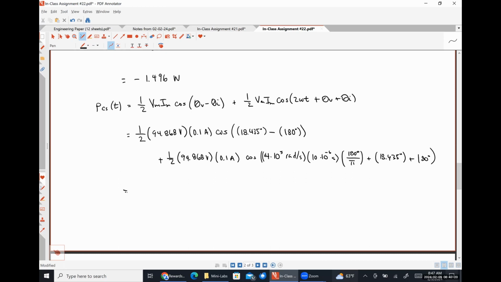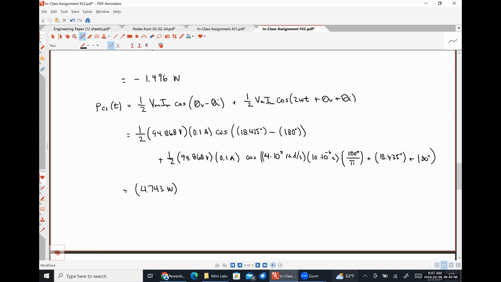So 1/2 times 94.868 times 0.1, I'm just going to store that as A. So this is going to look like 4.743 watts.